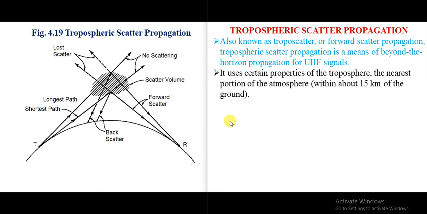So this scatter volume is not continuous, it is discrete. Portions of the troposphere layer get ionized, and now this scatter volume will reflect the electromagnetic waves, or simply radio frequencies in the UHF band.